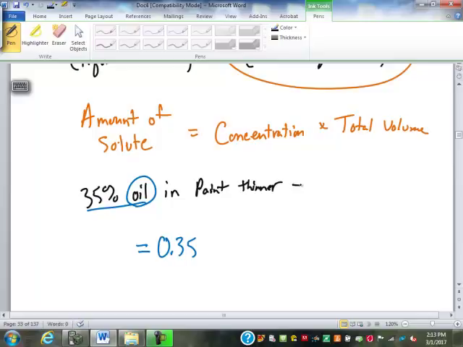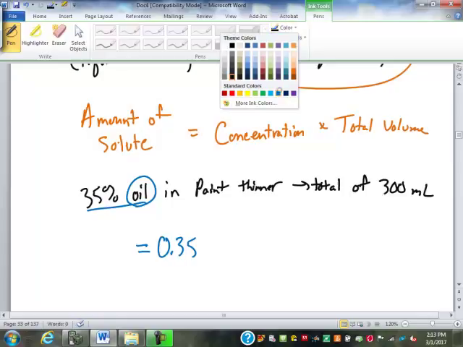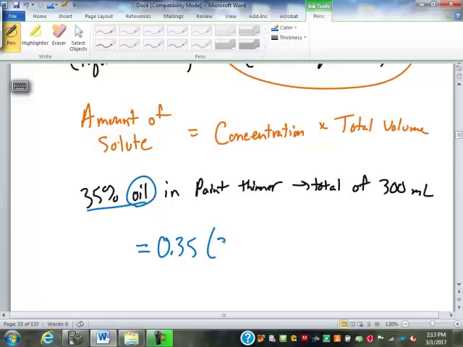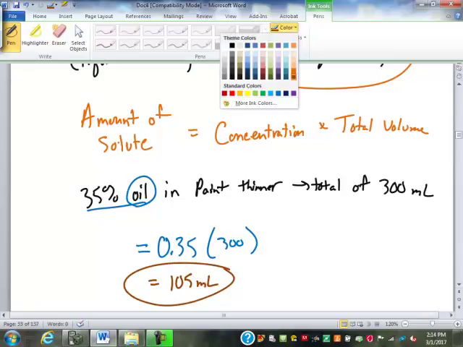And let's say we have a total solution here of 300 milliliters. So it's going to be 0.35 times our 300 milliliters of total solution. So 0.35 times 300 milliliters is 105 milliliters. So the amount of oil that's in that mixture is 105 milliliters.